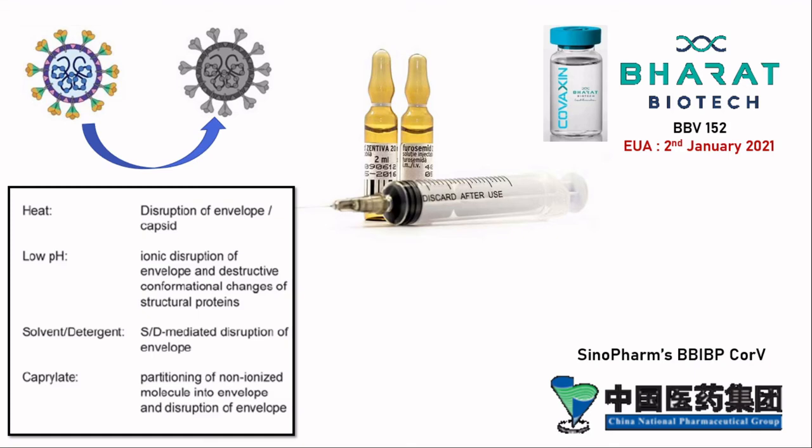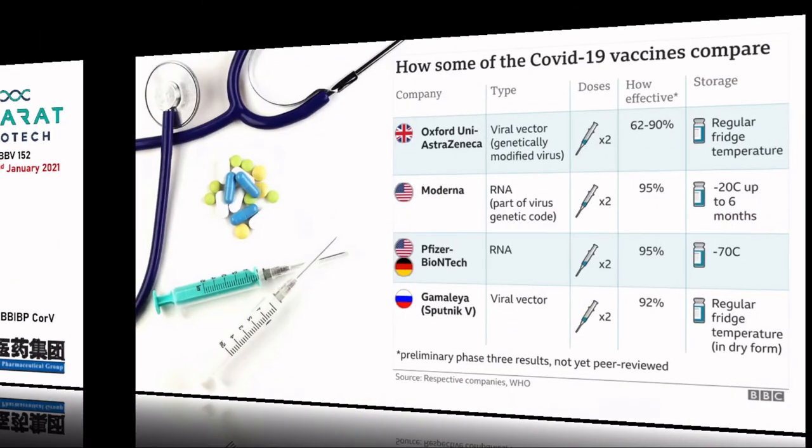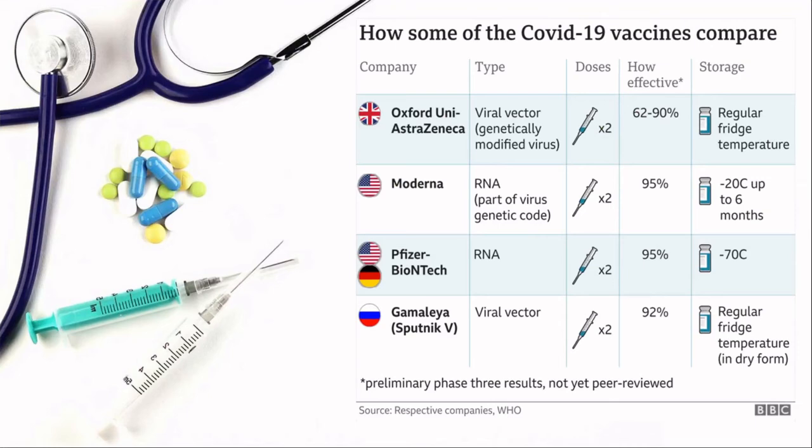On the same line, Sinopharm vaccine from China is also going to be soon in the market, which also utilizes the inactivation of virus strategy. So this is an overall chart or an overview for the front runners of the manufacturers for COVID-19 vaccines and their comparison.